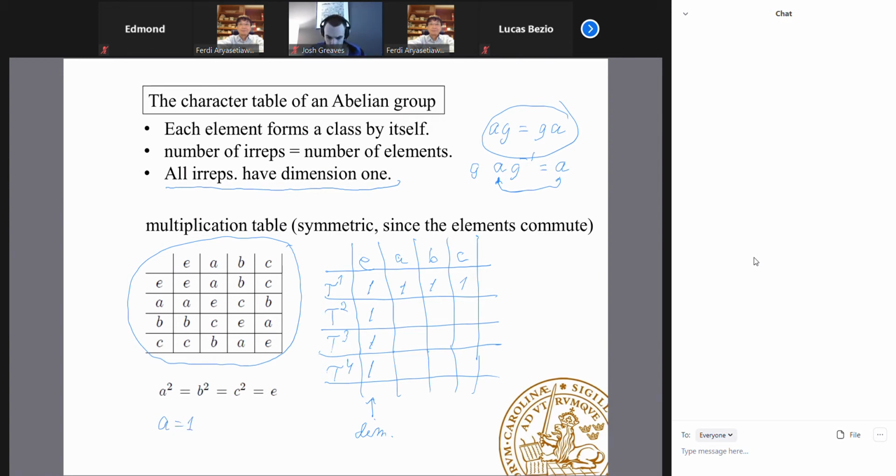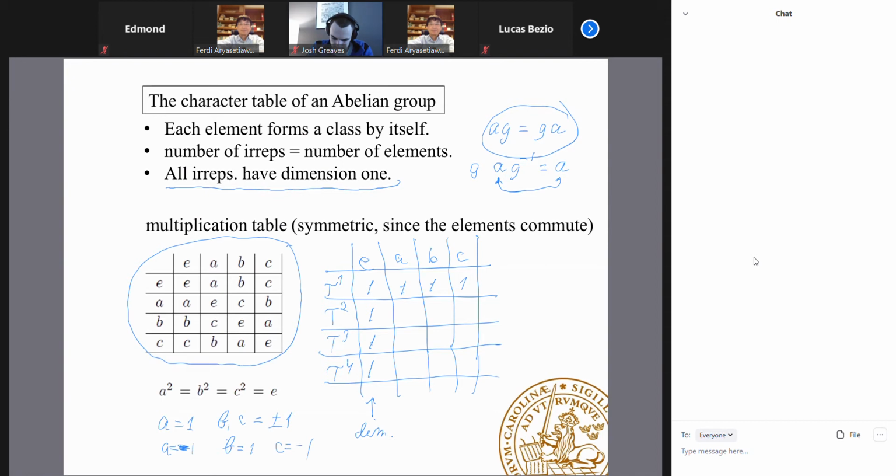So if a equal to 1, then b or c should be equal to plus or minus 1, like this. And if a is equal to minus 1, then we have to be a bit careful here, because if b is equal to 1, then c is equal to minus 1. So if this is minus 1 here, and so on.